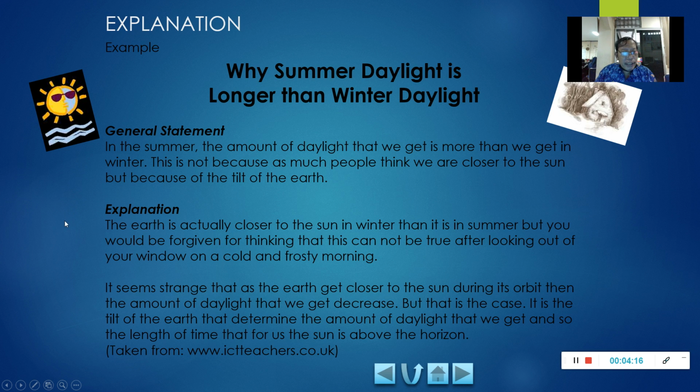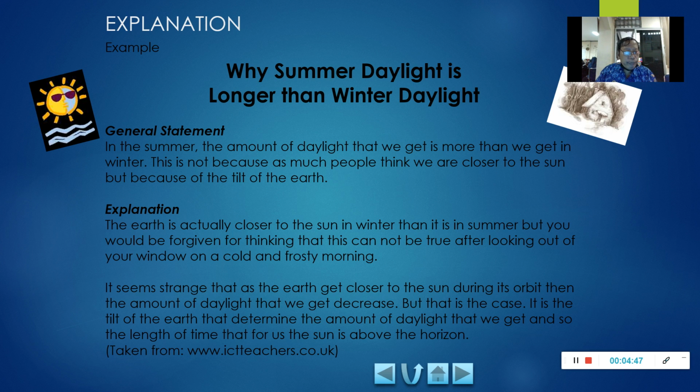You can read from this paragraph, the first paragraph, talking about the opening or the general statement about the case why summer daylight is longer than winter daylight. In the summer, the amount of daylight that we get is more than we get in winter. This is not because, as many people think, we are closer to the sun, but because of the tilt of the earth.